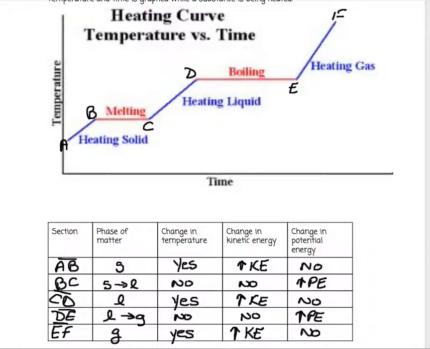The only thing I didn't mention yet, let me erase these so that they're not in my way. If we are talking about water in this case, let's say this was a heating curve for water. This first plateau right here will always translate to its melting point.